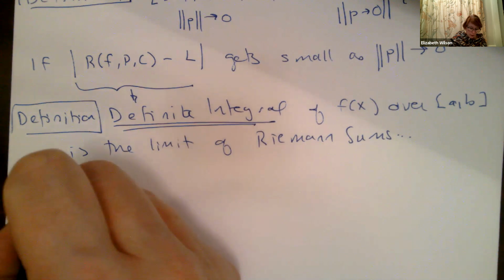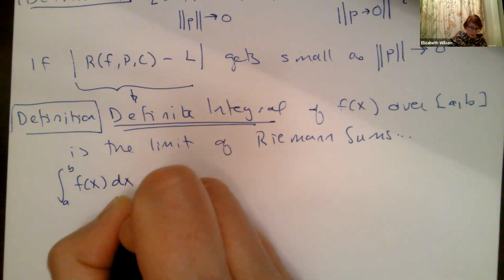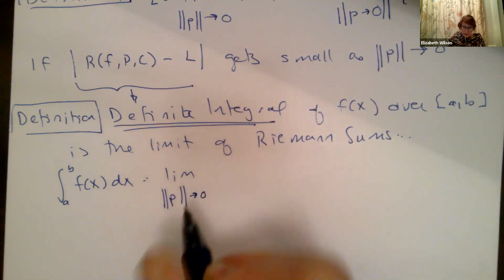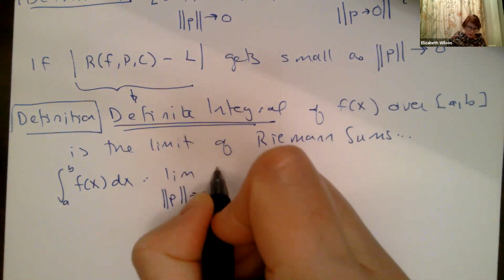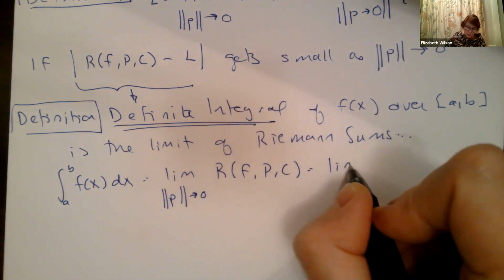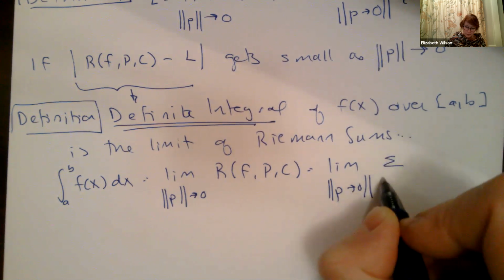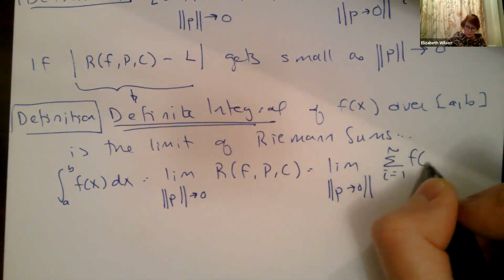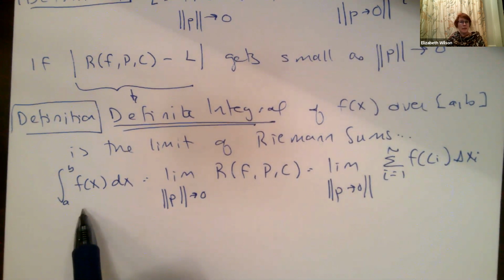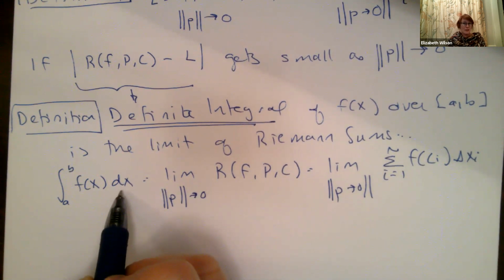Okay, so watch, I can say the definite integral from a to b of f of x dx is equal to the limit, as my delta x gets really small, of our Riemann sums. All I'm doing is adding up the area, right? So dx is another way of saying delta x.